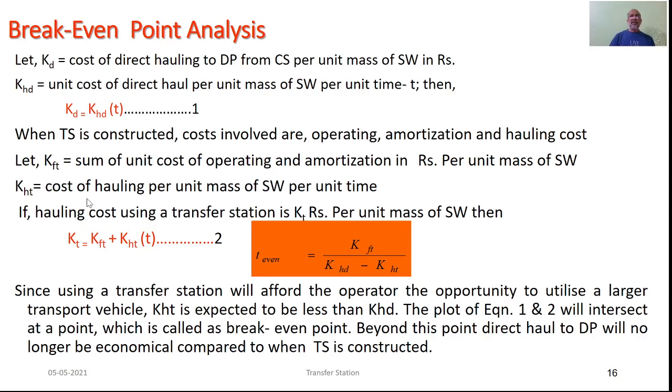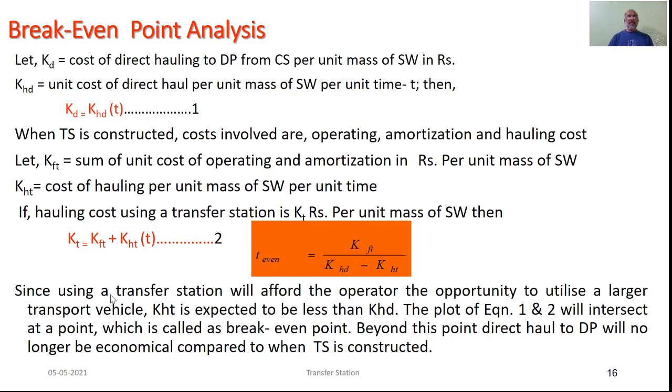Hence, this KT, which is hauling cost using the transfer station, expressed as rupees per unit mass of solid waste, can be put up as KFT plus KHT times T. In order to have that particular break-even time, we can equate both equations, and as we solve for T, we get this particular expression.